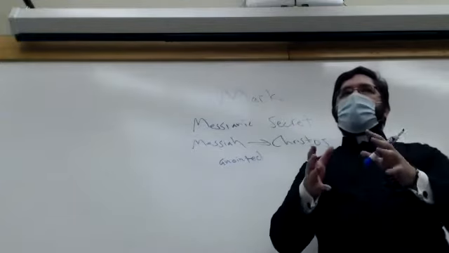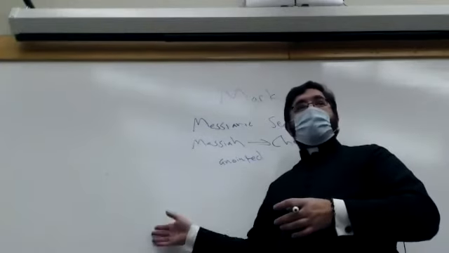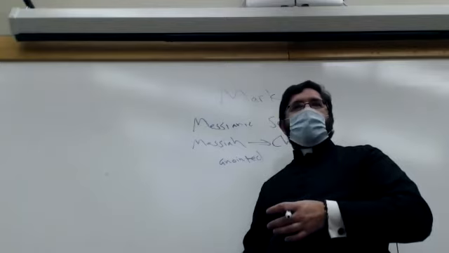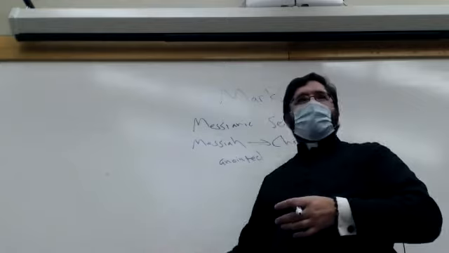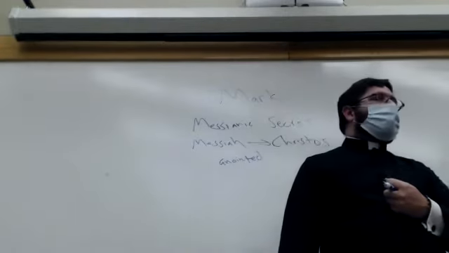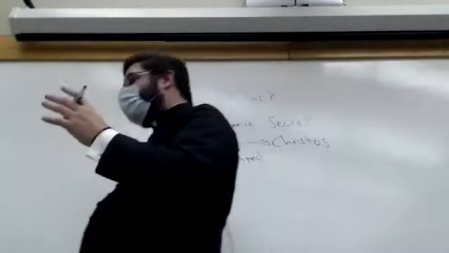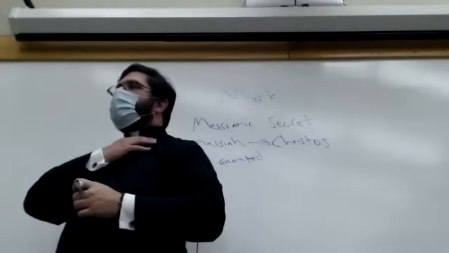Now, there were various misinterpretations. Remember, we talked about the various groups of the Jewish peoples: the Pharisees, the Sadducees, the Essenes, and the Zealots. Each of them had their own idea of what the Messiah would do. For many of them, the Messiah was a political figure, a king-like figure.